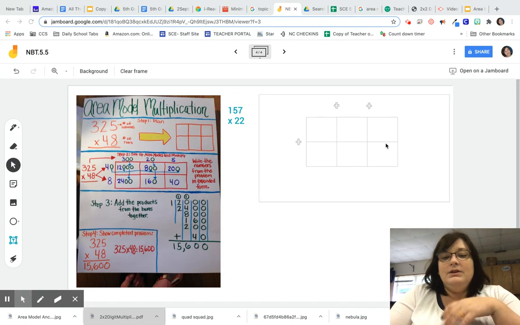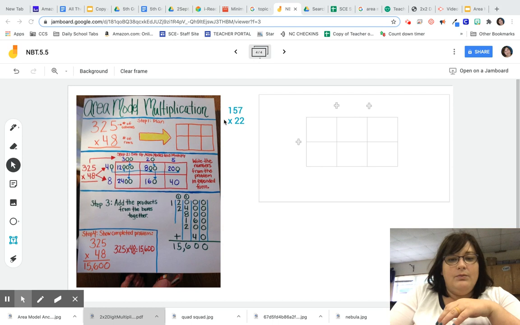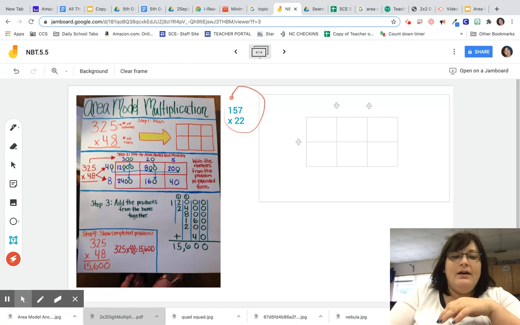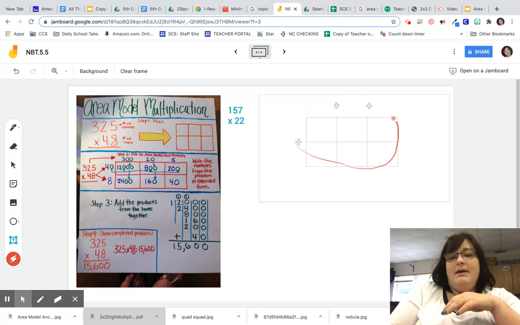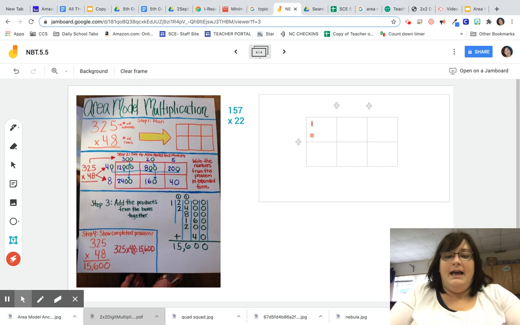If you look to the right-hand side of the screen, we have our problem that we're going to solve here. I already have my plan of attack, my array drawn. I have 1, 2, 3 columns because I have 3 digits here, and then 1, 2 rows because I have 2 digits here.